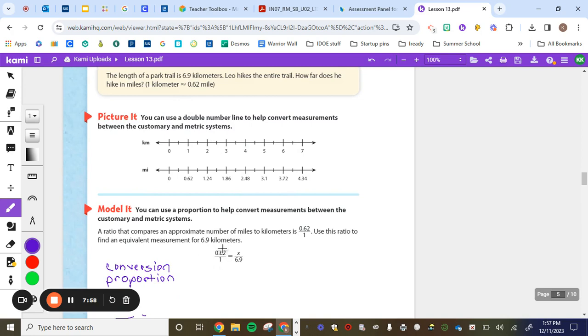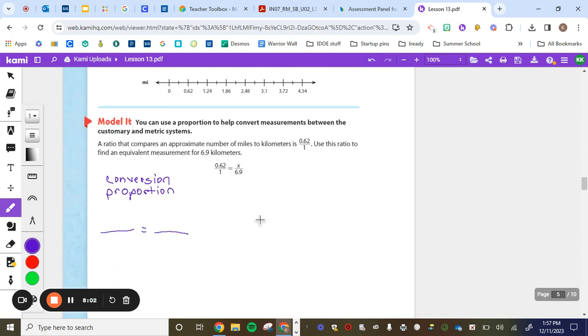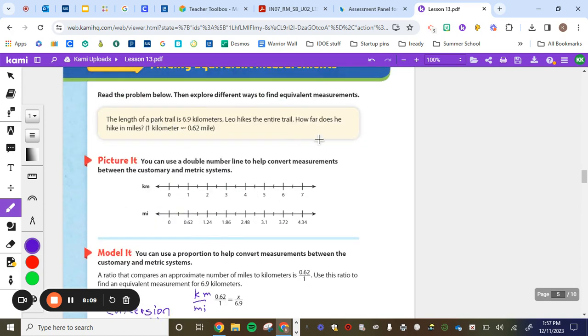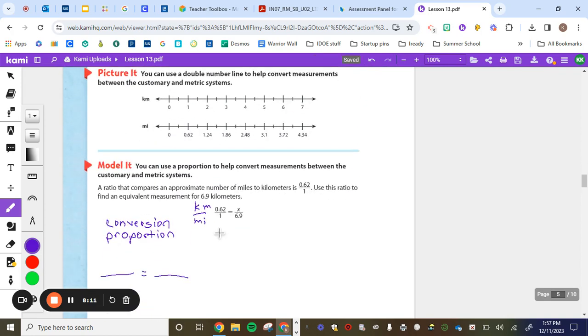If we look at the proportion they already set up, they did kilometers over miles because 0.62 was miles, and I did that backwards. 0.62 is miles. That's what I get for trying to remember things.